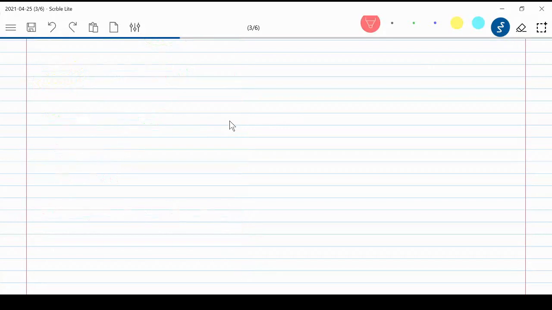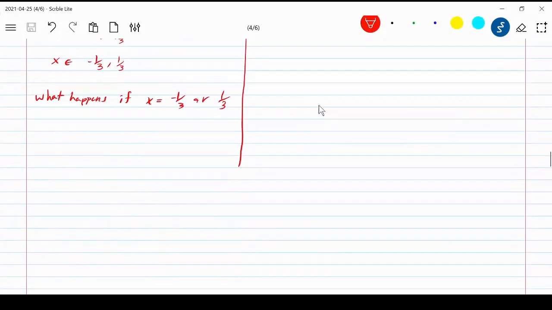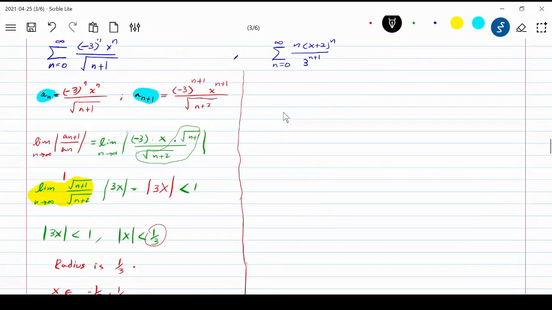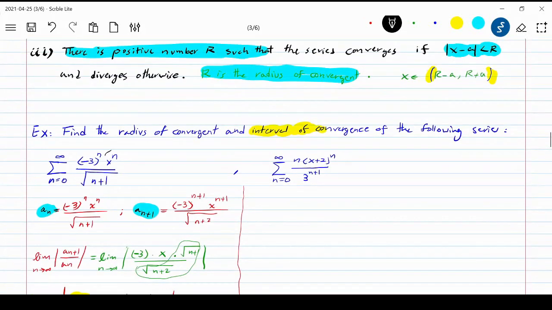So let's first pick x to be negative 1/3 and see what happens. So I'm assuming x is given as negative 1/3. So what do we have as the series? You go back and replace x with negative 1/3.